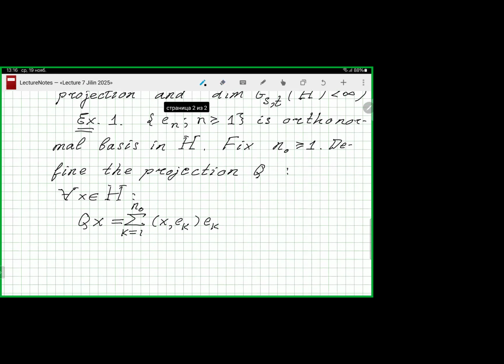In terms of operators and tensor products, Q now is equal to the sum from k equal 1 to n_0 of e_k tensor e_k.